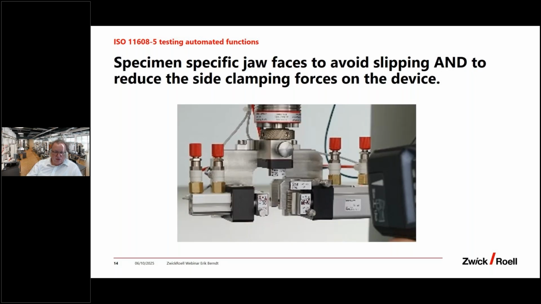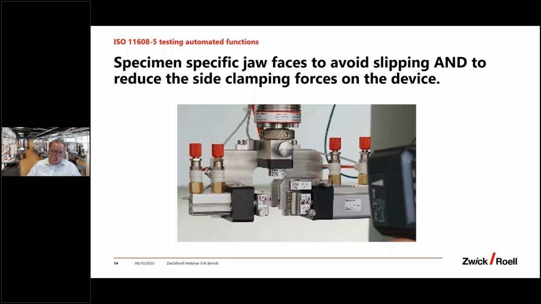And for sure, we started with our first machines, where we had jaw faces with a V-nut, and we pressed them together to avoid slipping, but at the end there could be some malfunctions because of these forces. So we adapted the compression and reduced the closing forces, and then the slipping went up.